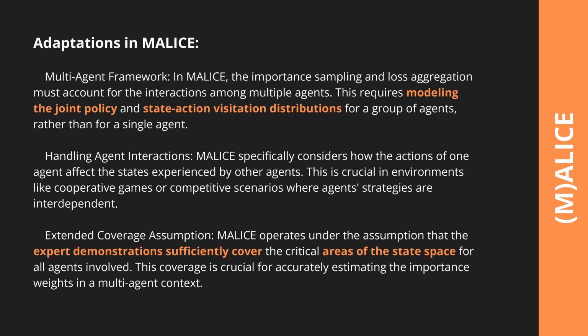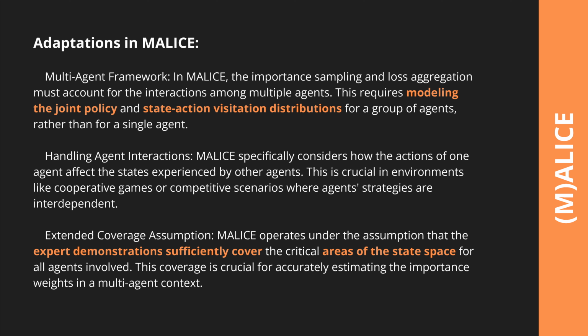So how do we have to adapt this? Again, in MALICE, we have the importance sampling and the loss aggregation like in ALICE. But they must now account for the interactions among multiple agents. So this requires modeling the joint policy and the state-action visitation distribution for a group of agents rather than for a single agent. Specifically, it considers how the action of one agent affects the state experienced by all the other agents in the Markov game.